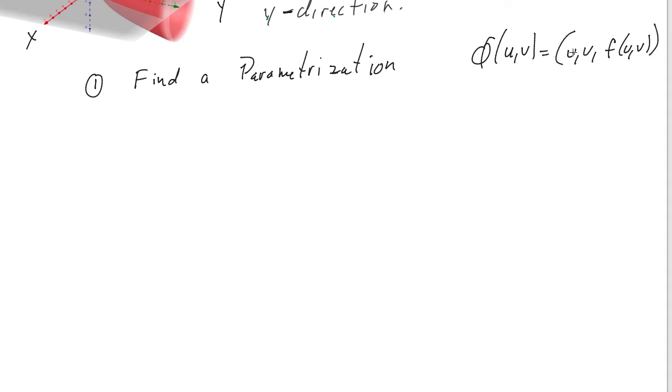But this f, you could certainly have f of u, v, u, v. It doesn't matter where this f is. It can be in any position as long as two of them are just u and v. And they can really be anything as well.